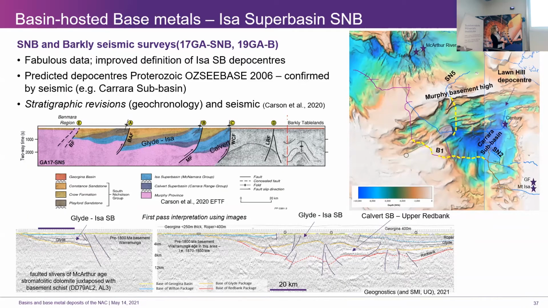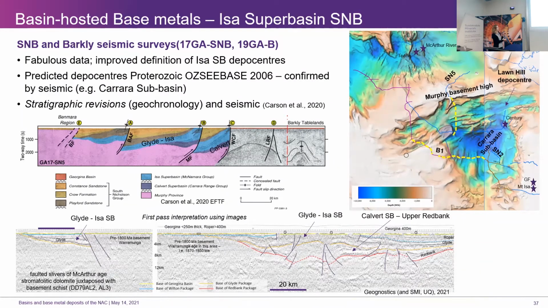When I was looking at this, there were a couple of old drill holes here from '79 that intersected something they described as stromatolitic. These are the stromatolites like in Shark Bay present day, but they interpreted them as being MacArthur age, which confirms the age of this group.